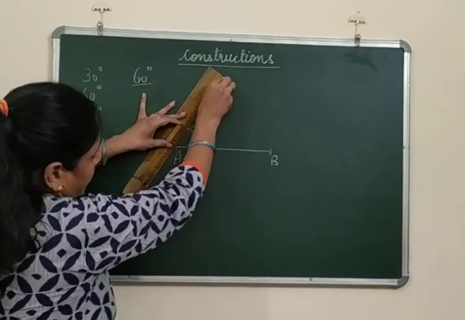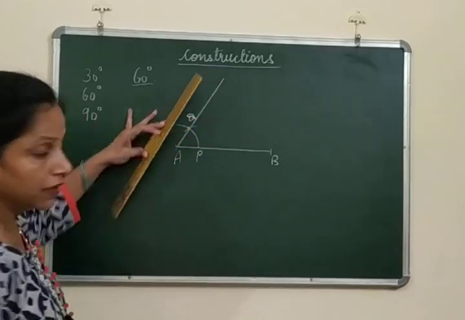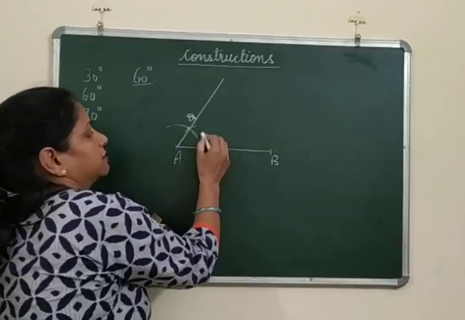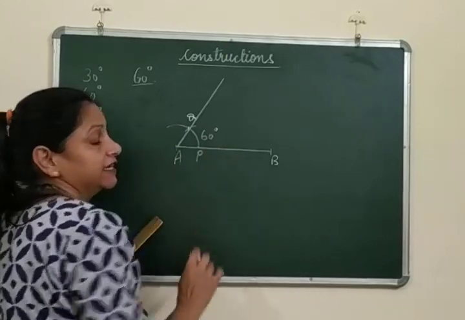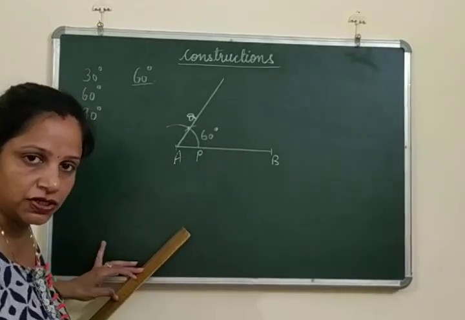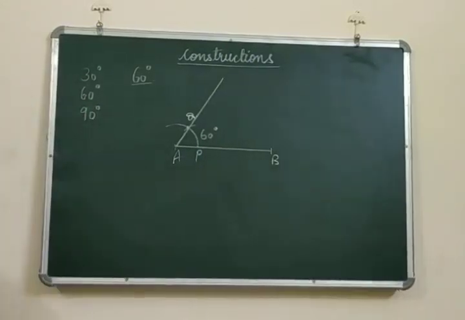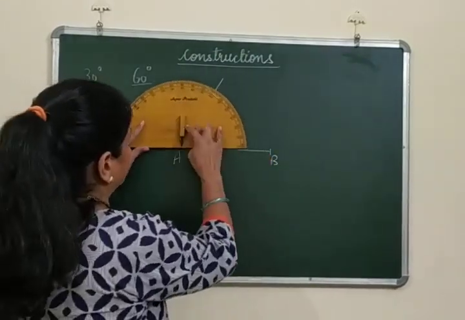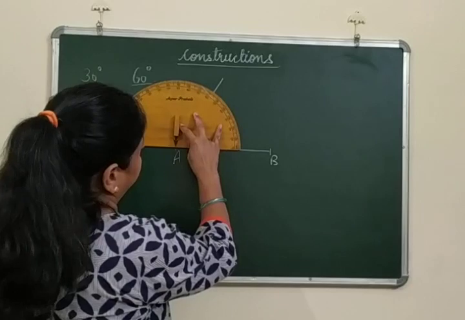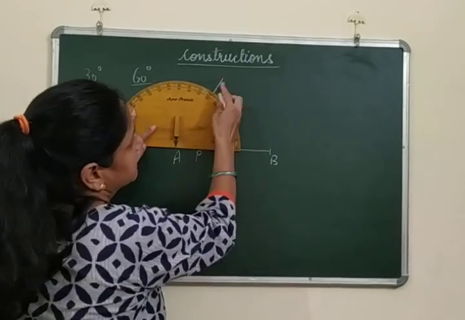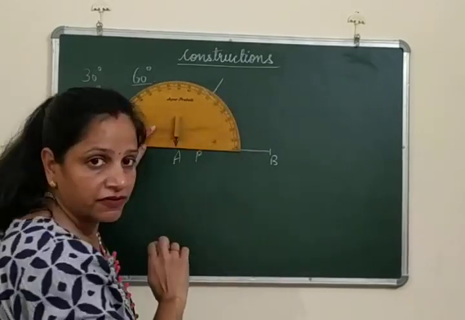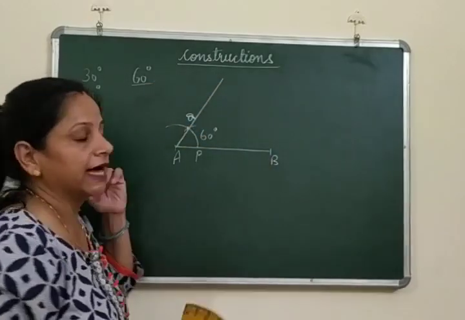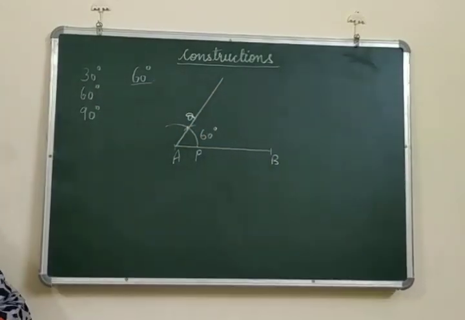The angle which is made will be 60 degree. Understood? Let us check also whether it is 60 degree or not. We take the protractor, keep it over here and measure, it is 60 degree. Fine? So this is all about the angle of 60 degree.